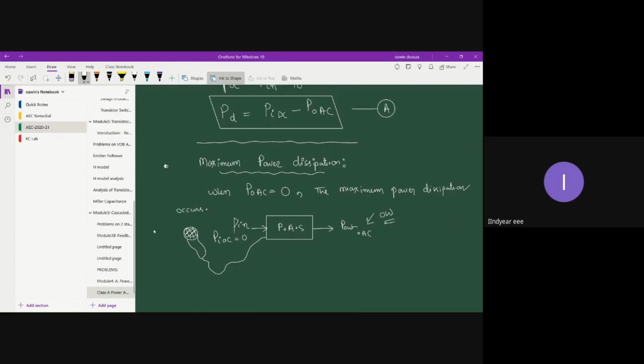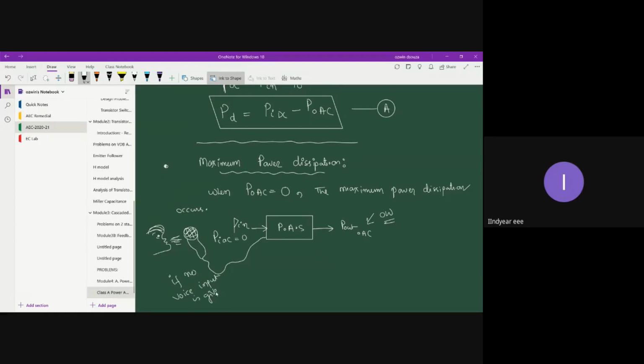Whenever you utter voice commands, the public addressing system picks up the voice input and gives out the AC power output.